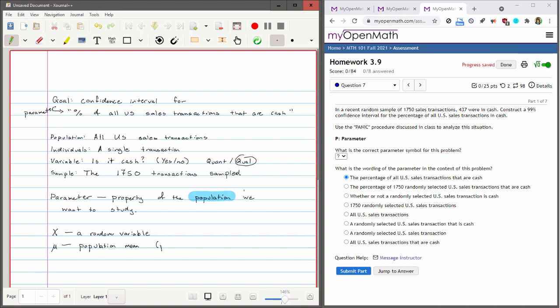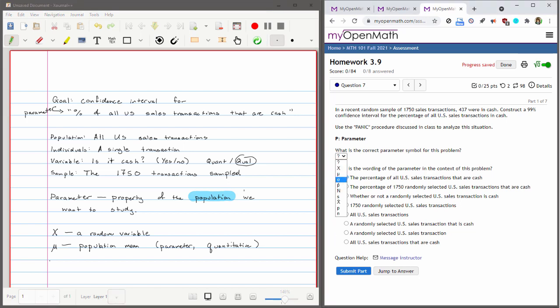It's a parameter, but it only works with a quantitative variable. We can only take the mean of numbers.